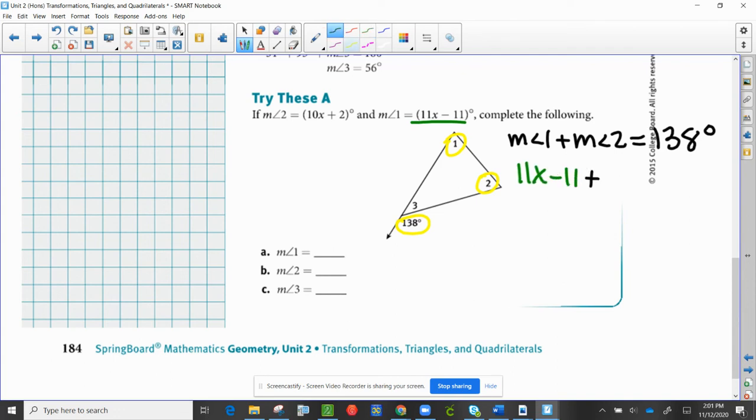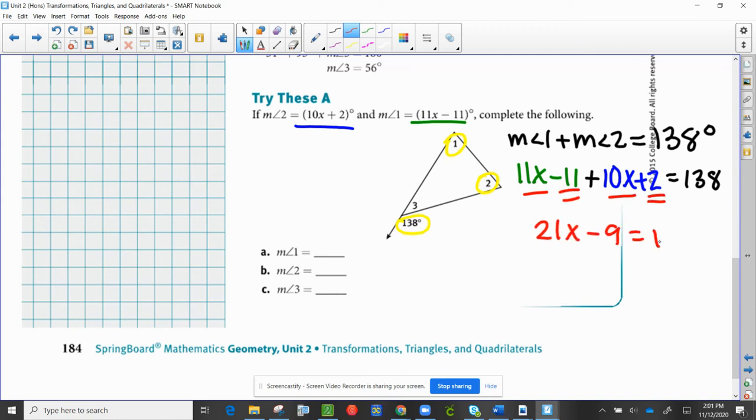And then if I add my angle 2, which was 10x plus 2, it should equal 138. So let's combine like terms here. 11 plus 10 is 21x. Negative 11 plus 2 would be negative 9, equal to 138. So if we do all of our work correctly, we should get that x is equal to 7.